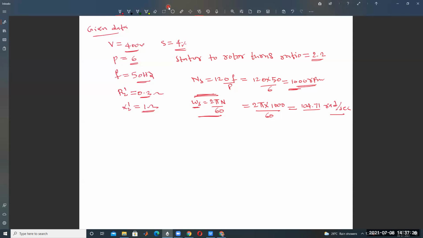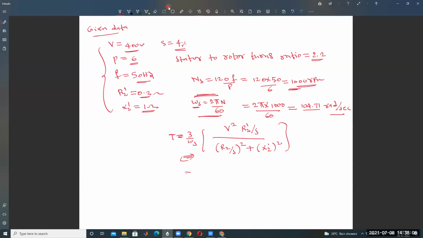So this is the torque equation. By neglecting some values, we get a simpler form. But the actual total expression of induction motor torque is 3 divided by omega s into V square, R2 dash by S, divided by R2 dash by S whole square plus X2 dash whole square.